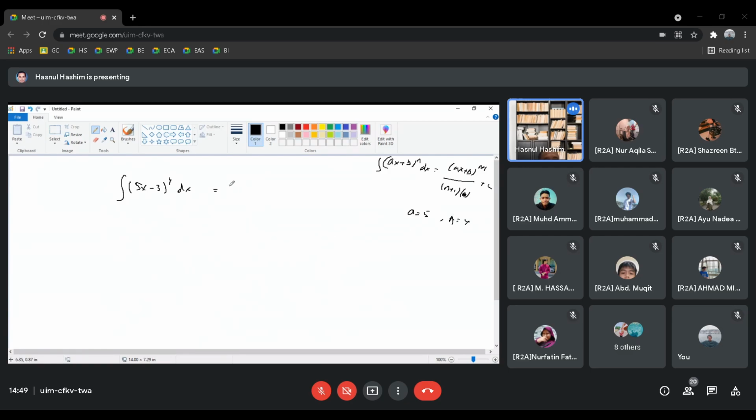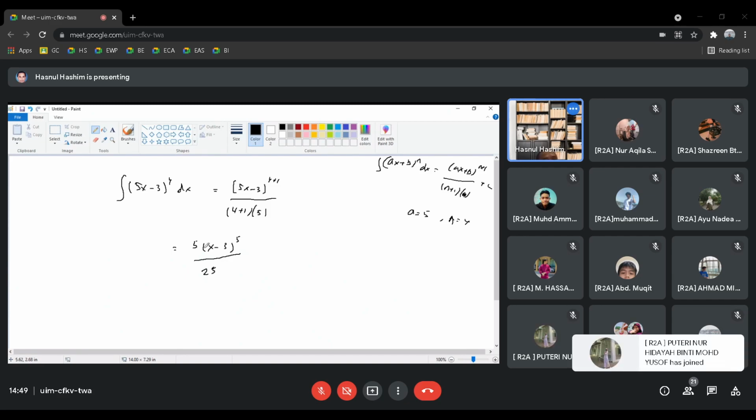So kita dapat (5x tolak 3) kuasa 4 tambah 1, bagikan dengan 4 tambah 1, darabkan dengan 5. Jadi kita dapat (5x tolak 3) kuasa 5 bagikan dengan 5, 25. So kita cancel. Sorry, yang ni tak ada 5.